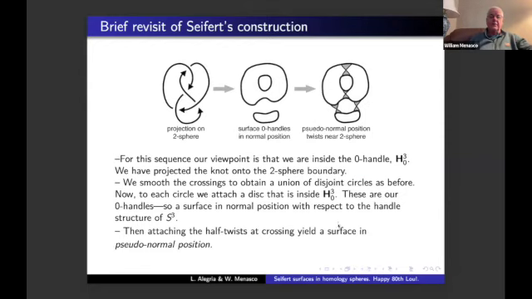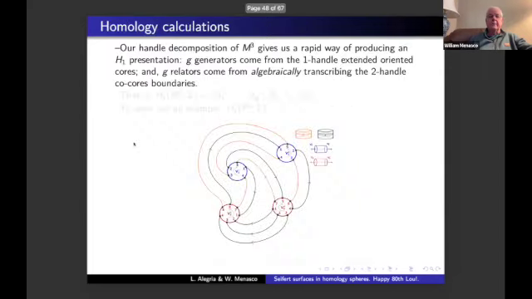So you end up with a surface in this construction that's not in normal position with respect to the handle decomposition of your 3 manifold. It's pseudo-normal because you have to add in these half twist bands that are very close to the surface. All right.